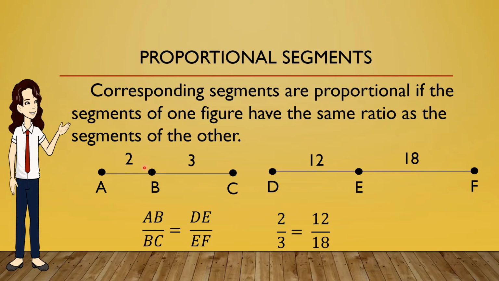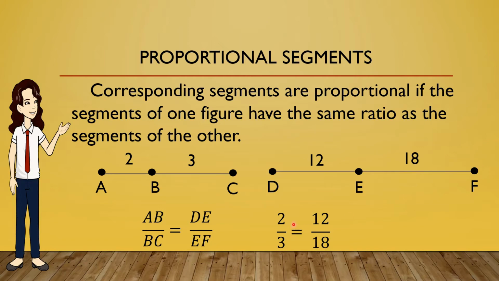So AB is 2, BC is 3, DE is 12, and EF is 18. So, how can we know that they are proportional segments? We are going to get the ratio. If they have the same ratio, meaning they are proportional segments.